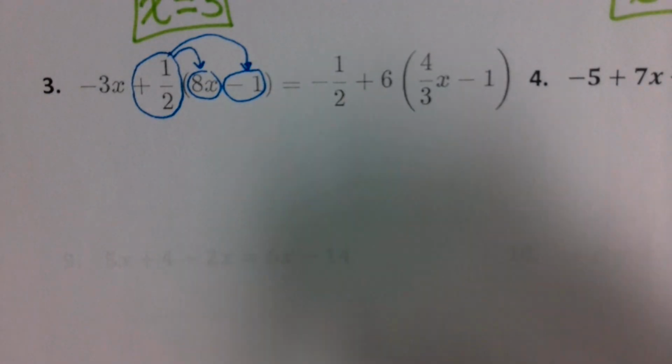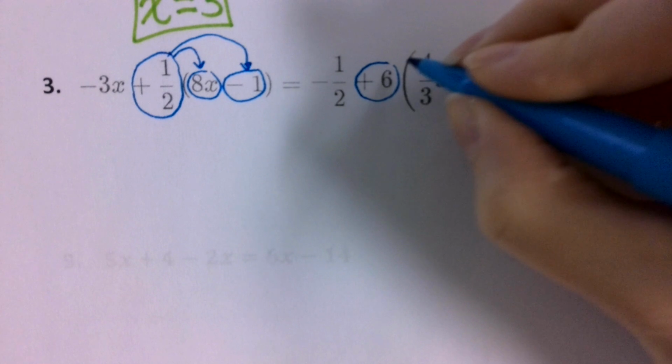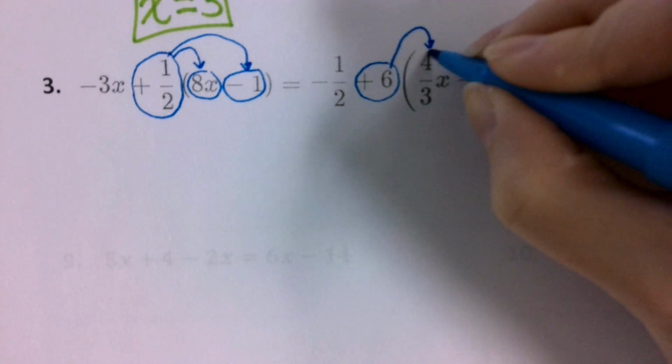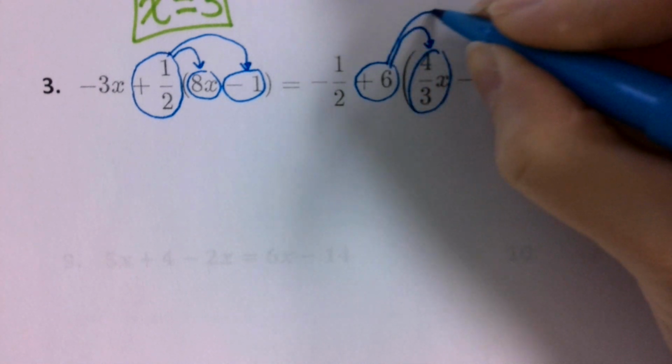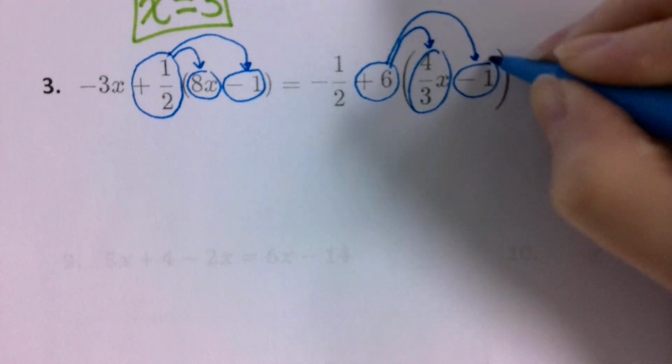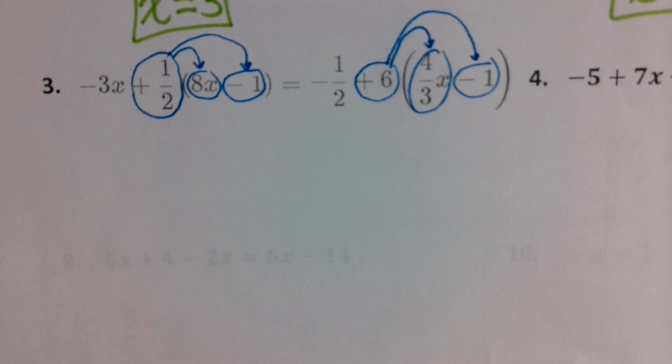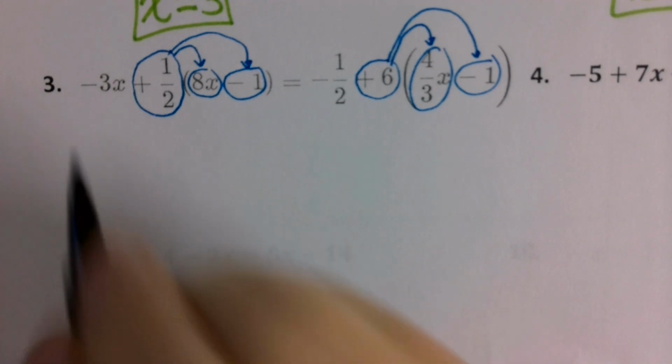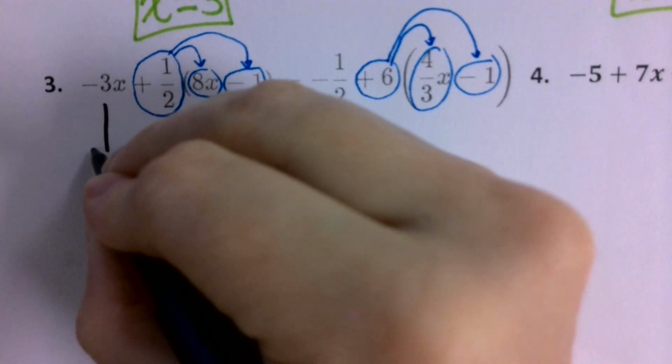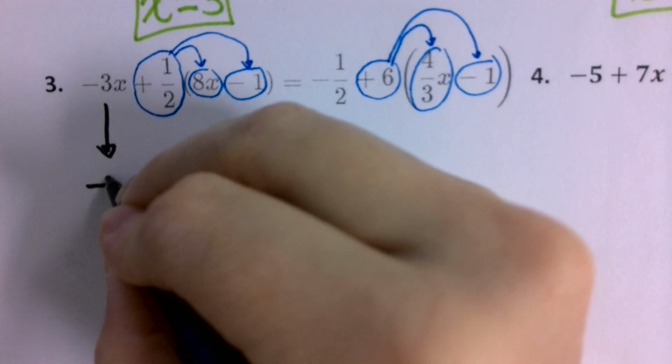I also have a positive 6 that's going to get multiplied to this 4/3 x, and it's going to get multiplied to this negative 1. That means there are several things that are not being affected at all. For example, this negative 3x is just going to come straight down into the next part of my problem.